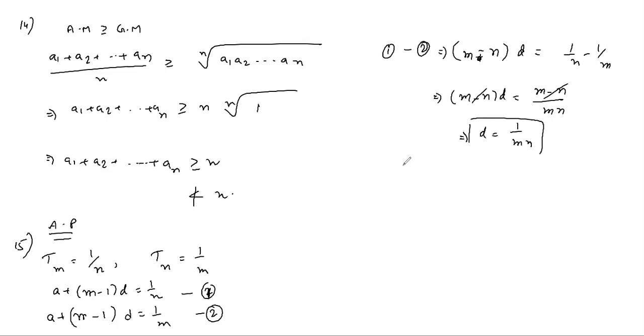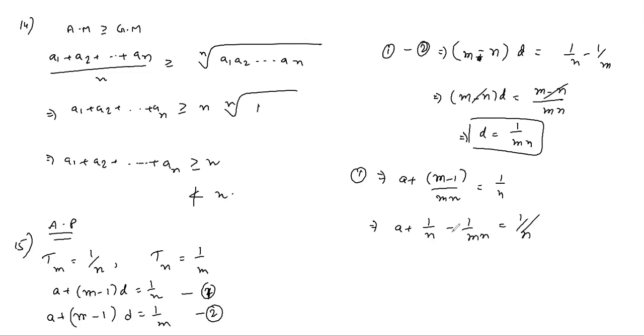Next, by substituting d in any one equation of the two, a plus m minus 1 by mn equals 1 by n. So a plus m by mn, and by splitting, we can say 1 by n minus 1 by mn equals 1 by n. So we can say a equals 1 by mn. The first term and common difference both are equal to 1 by mn.